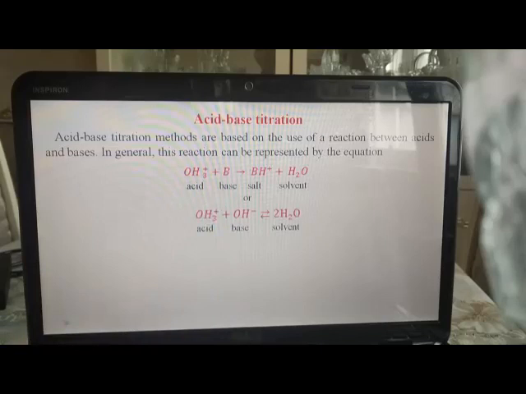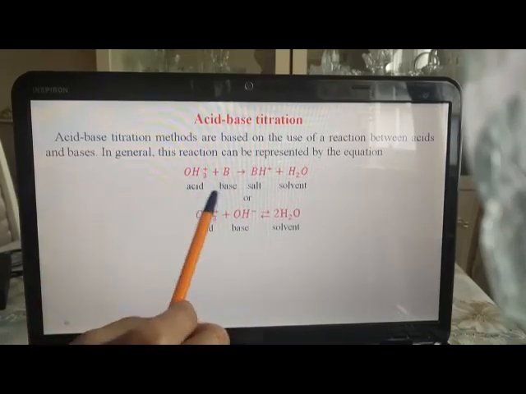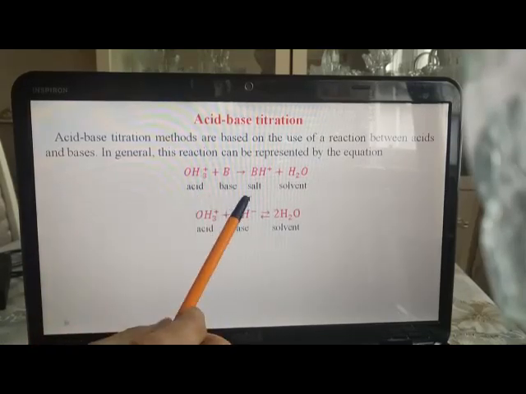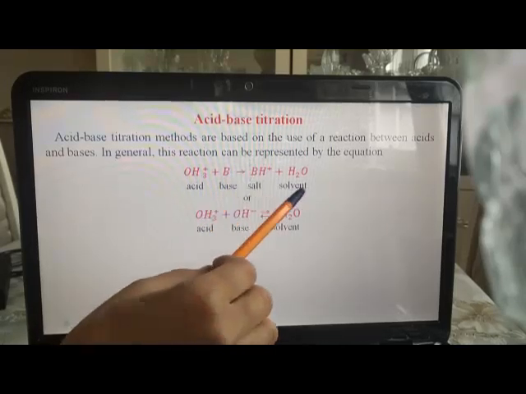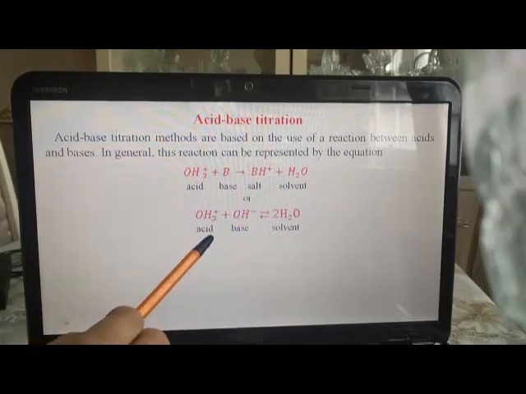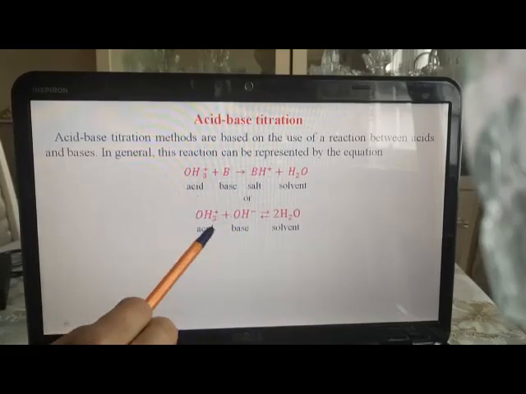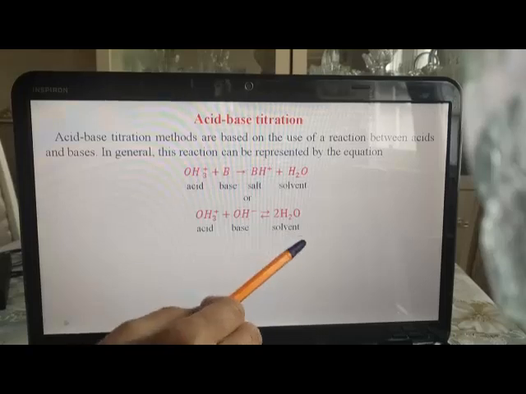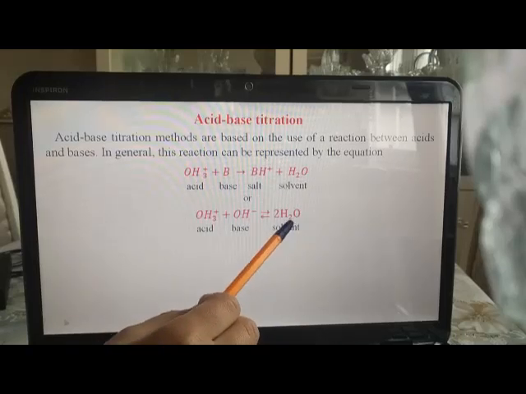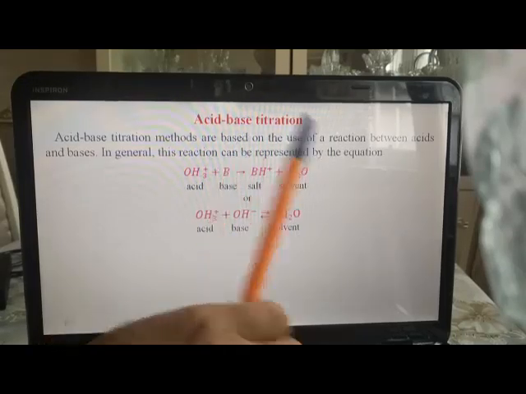In this case, the oxonium ion is an acid, B is a base, and we get salt and the solvent, water. Acid, oxonium ion, plus base, gives salt, and water is the solvent.